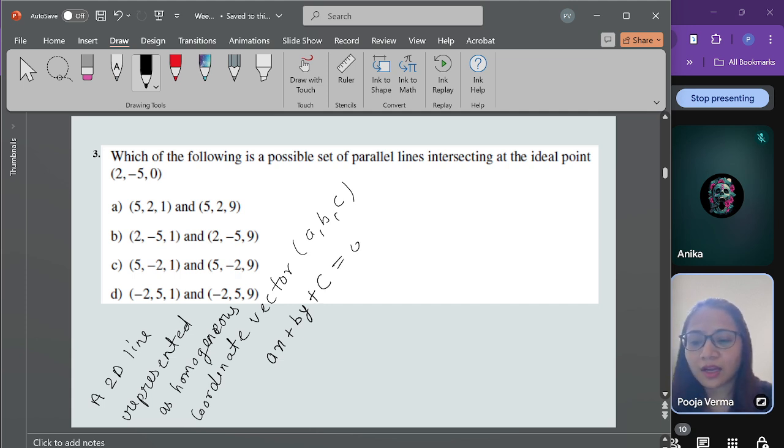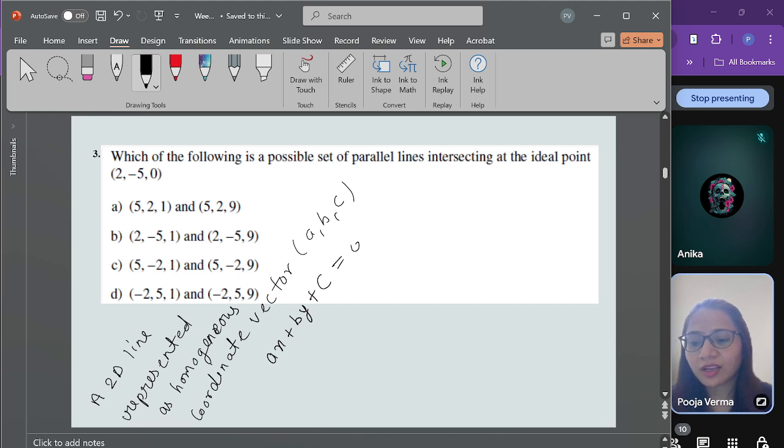Two parallel lines in real space intersect at a point at infinity in the projective space. As we have seen in the lectures, two parallel lines in real space intersect at infinity in projective space.